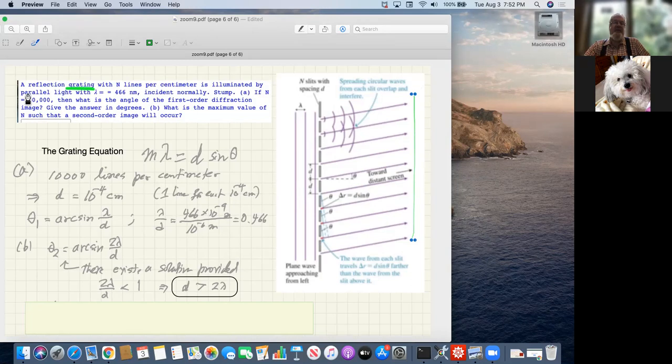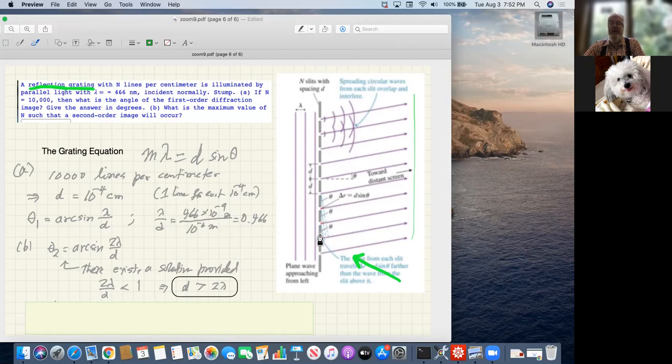Now, this is actually an example of a reflection grating, but a reflection grating is really just about the same as a transmission grating. It's just that the light doesn't come through the grating. It reflects from the surface of the grating. So the light in a reflection grating would be coming in this direction and reflecting from grooves in the surface, little cutout regions in the surface.